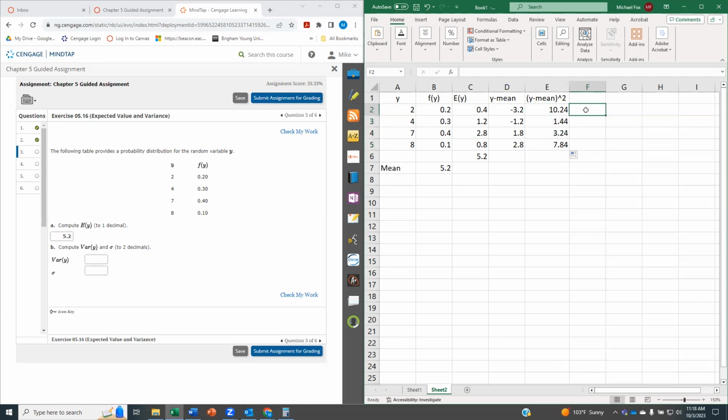But now we've got to do one more step, which is to do this number times the weight. Okay, so I'm just going to say this equals the y minus the mean squared times the probability weight. And we'll take the sum of those, and that'll give us our variance.